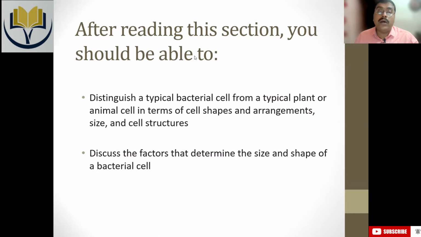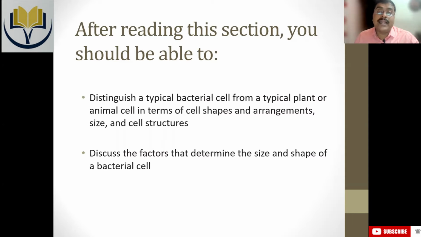After attending this session, you will be able to clearly distinguish the difference between the bacterial cell and the eukaryotic cell. In a more precise way, you can clearly distinguish between the prokaryotic cell and the eukaryotic cell.